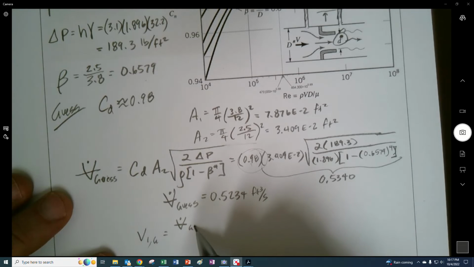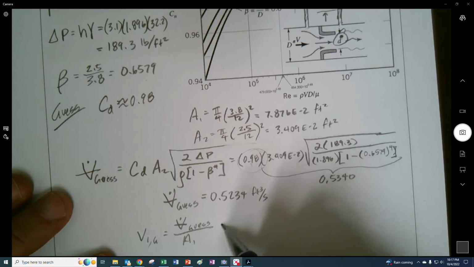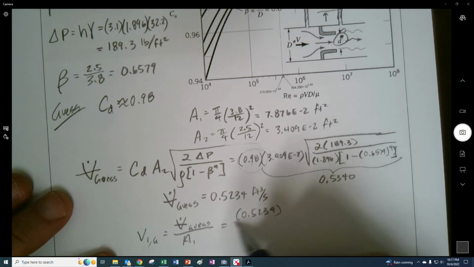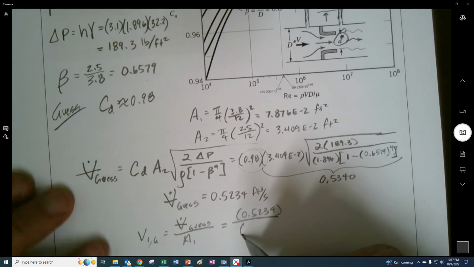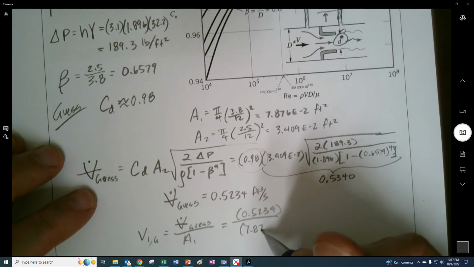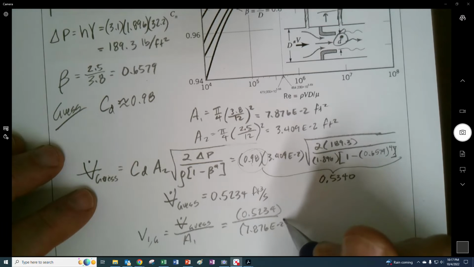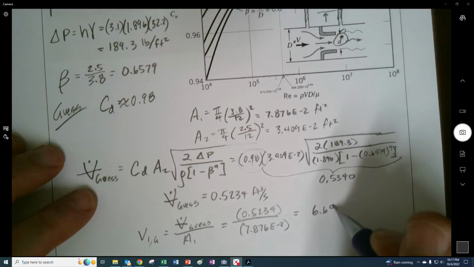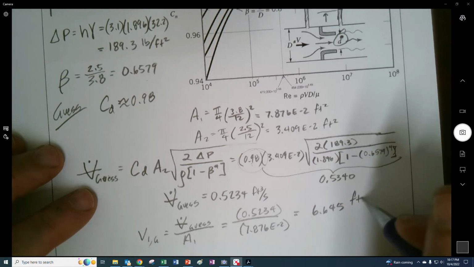So we take that guess, and this is the upstream velocity, so we need to take it over A1. So we have the 0.5234, divided by our area 1, 7.876 e minus 2. And so we have 6.645 feet per second.